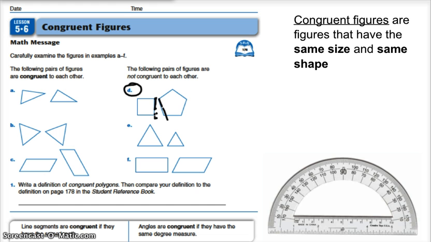But if you see here over at A, it looks like one triangle has just been rotated a little bit. But if you took out your rulers, you'll see that both have the same size. And you could also measure the degrees, and by measuring the different degrees, you would see that they are the same shape. So just to the plain eye, A and B look pretty similar, but C, that's kind of a big rotation.